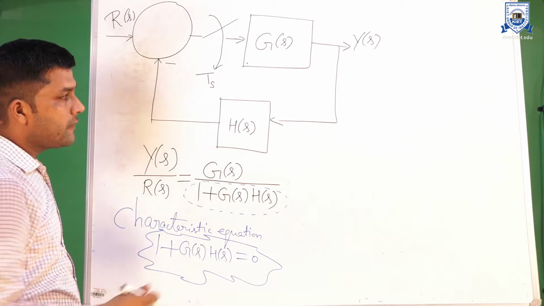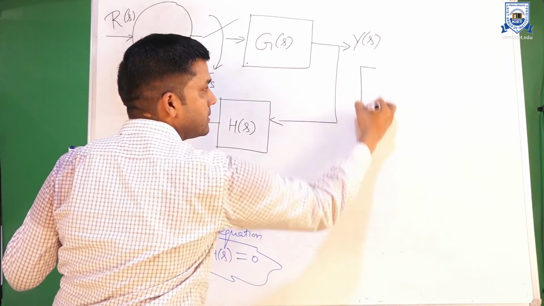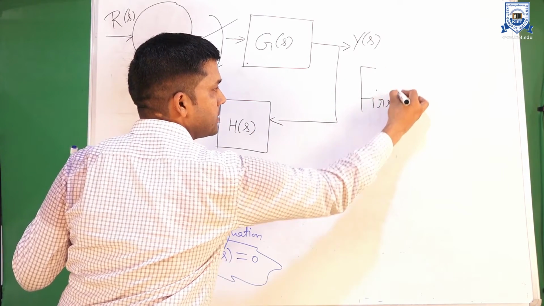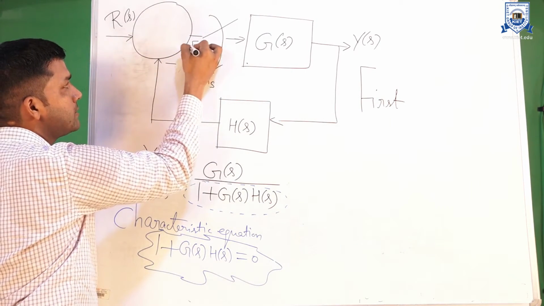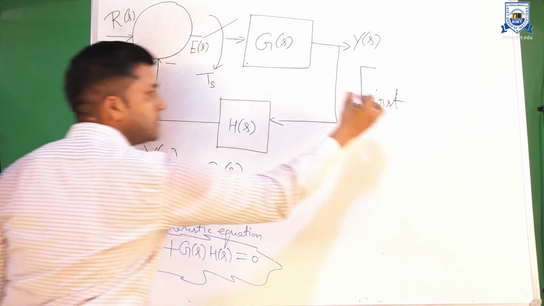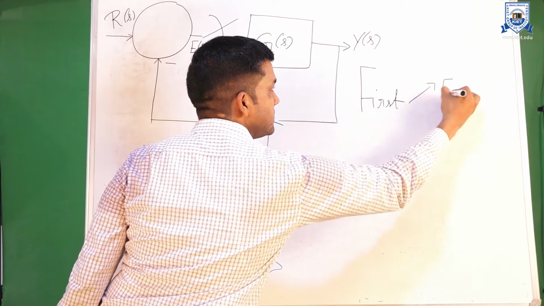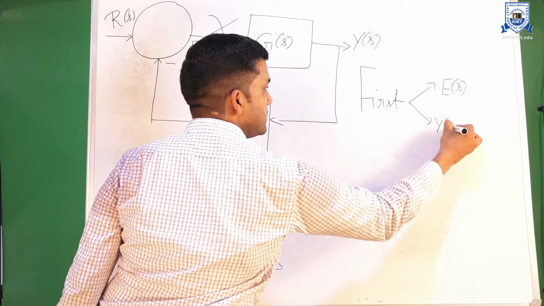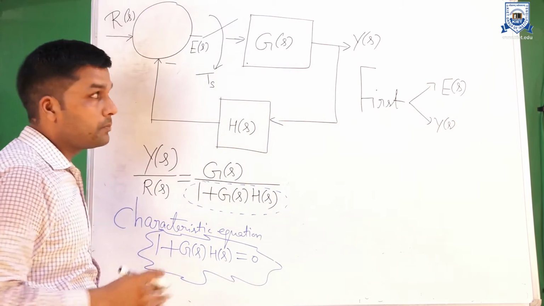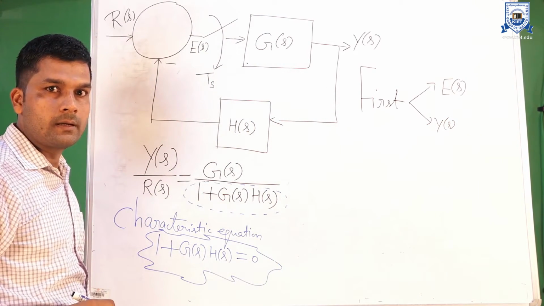The first step is to obtain the error equation E(s) and Y(s). These equations are the backbone of a sampled data control system.